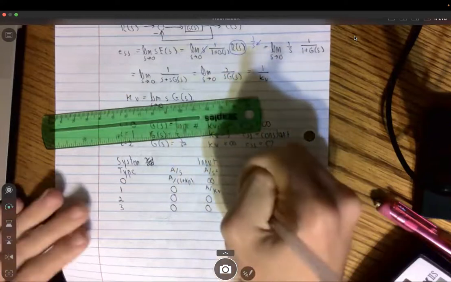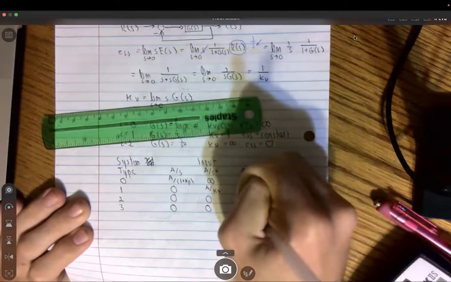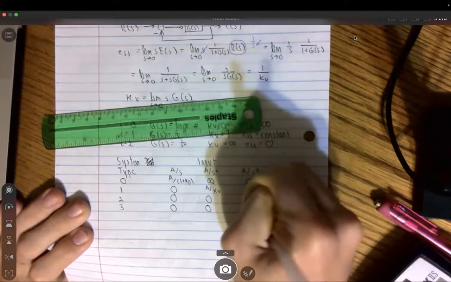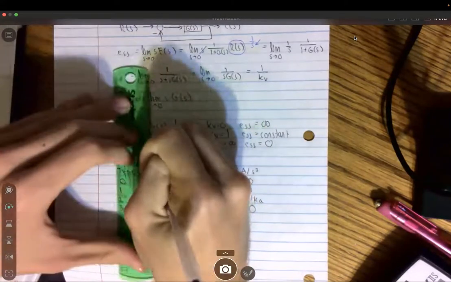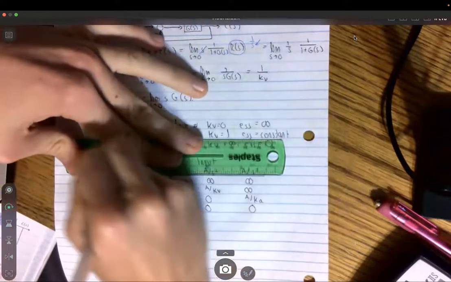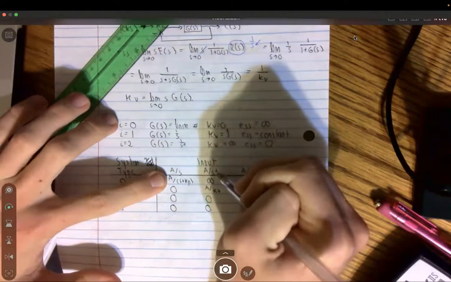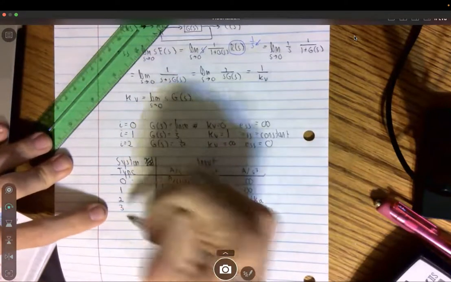And for the unit parabola, you won't get a constant until system type 2, and after that you'll get 0. So this defines your steady state error based on the type of input you have, whether a step, ramp, or parabola, and the system type of your G of S.